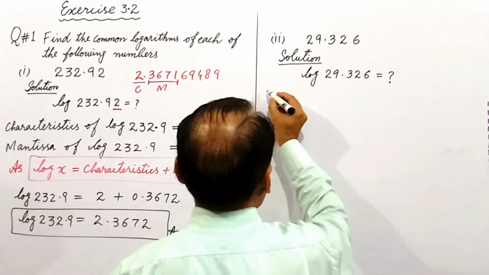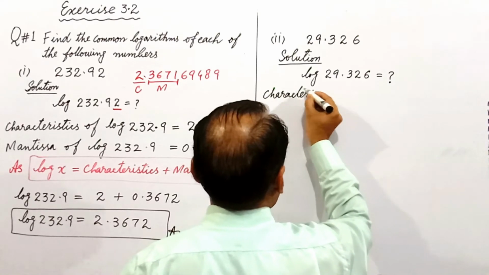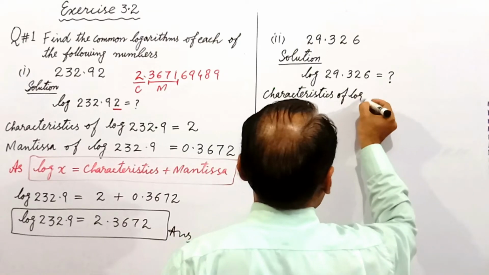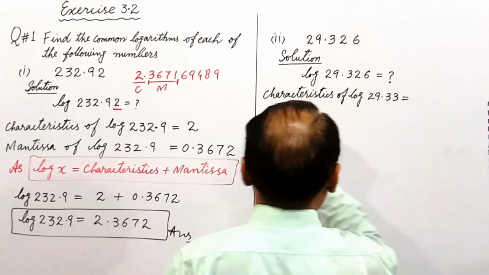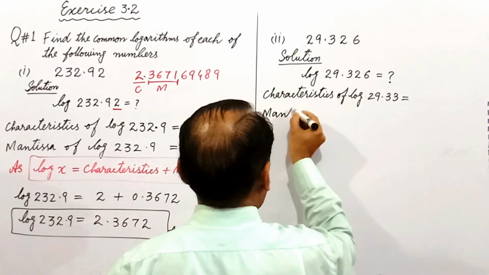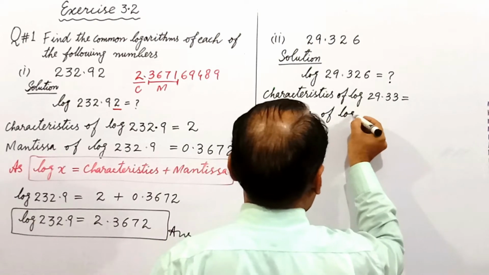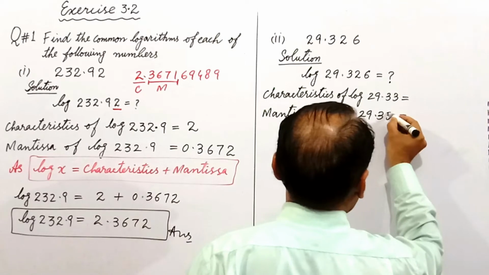we have to find the characteristic of log 29.33 and the mantissa of log 29.33.